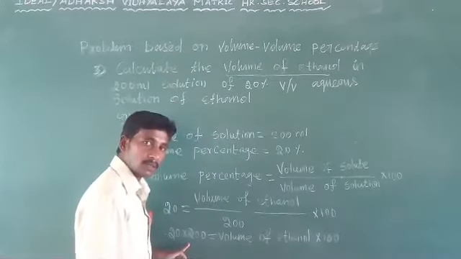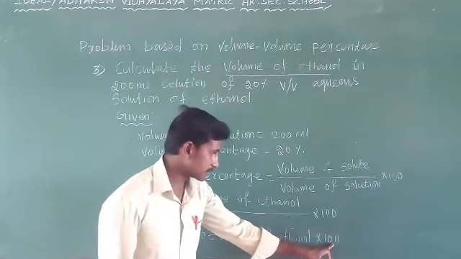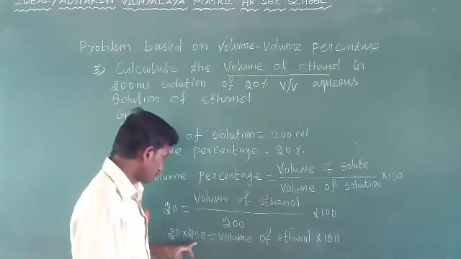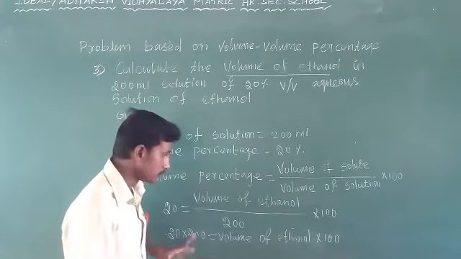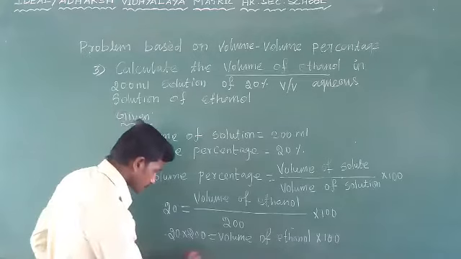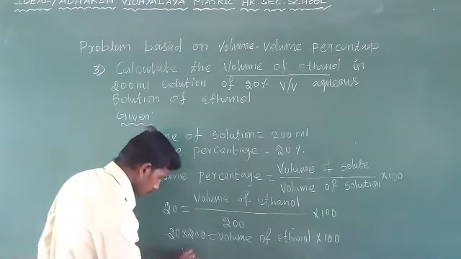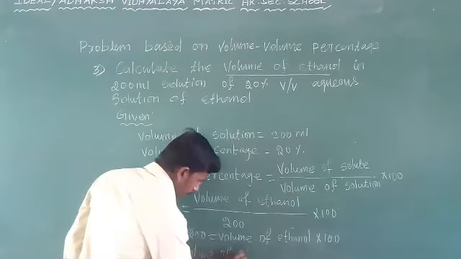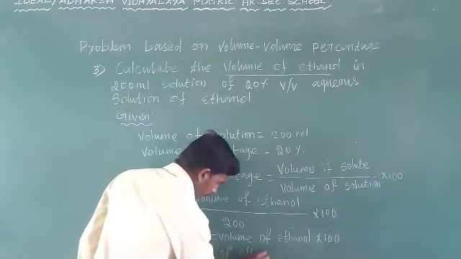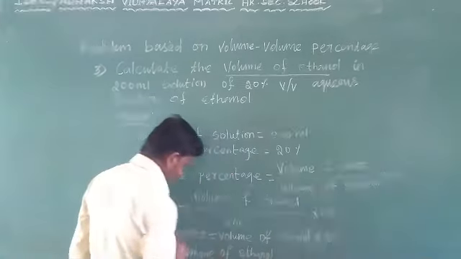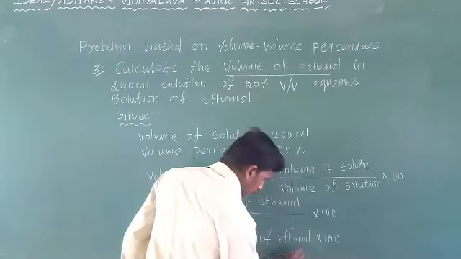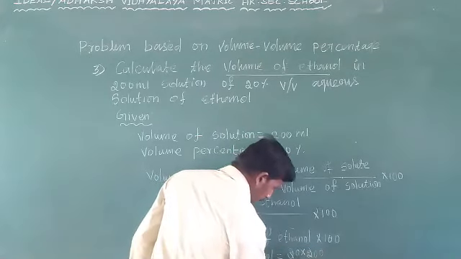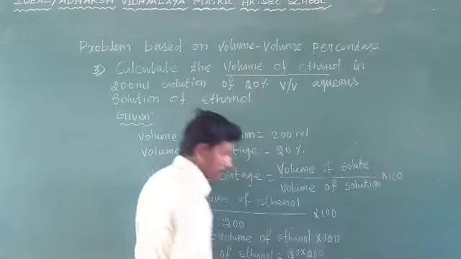The 100 is present in the numerator, so on changing sides it becomes the denominator. So volume of ethanol equal to 20 into 200 divided by 100.